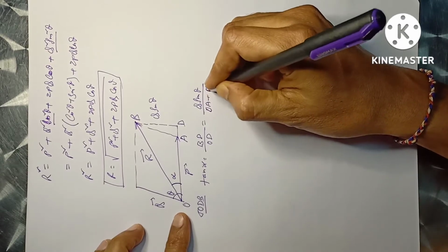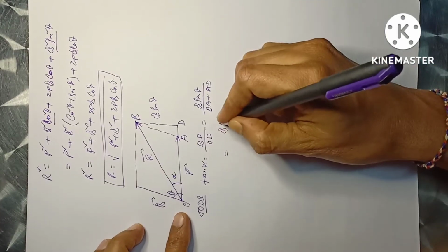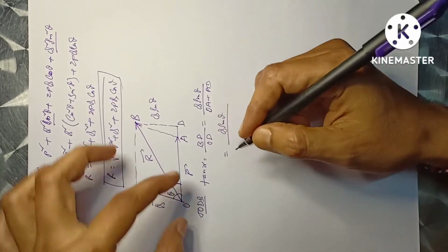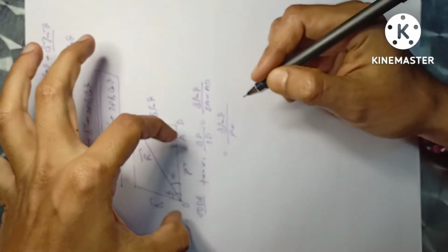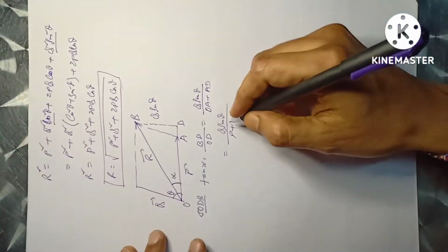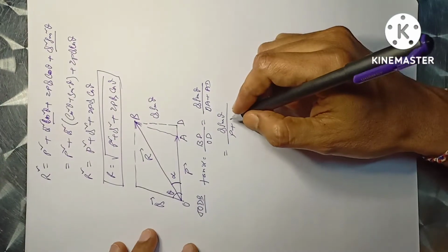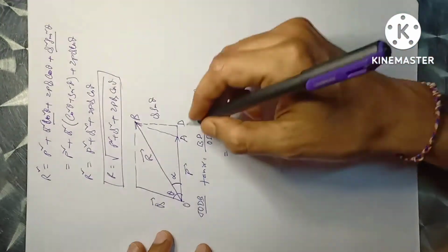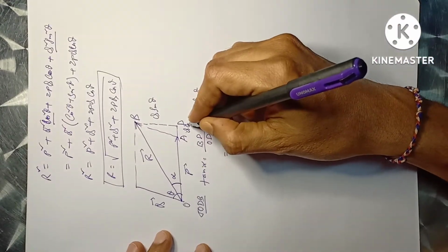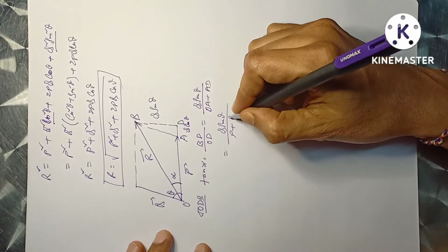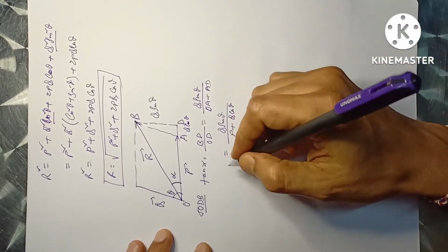OA plus AD, we can write OA as P, the length of the P vector, and AD we have already calculated as Q cos theta.